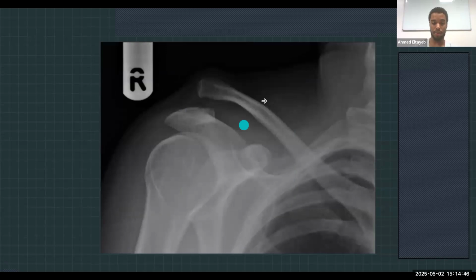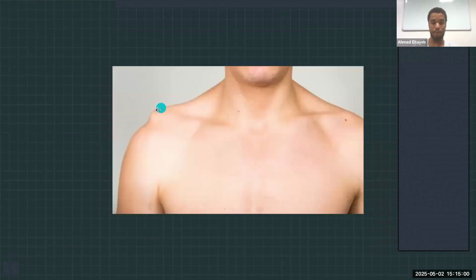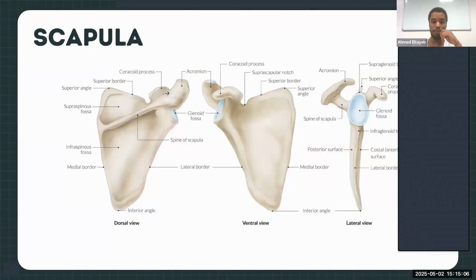And clinically, in a clinic, you would see a little bump on the shoulder like this. This is a normal. So this is an acromioclavicular joint dislocation.